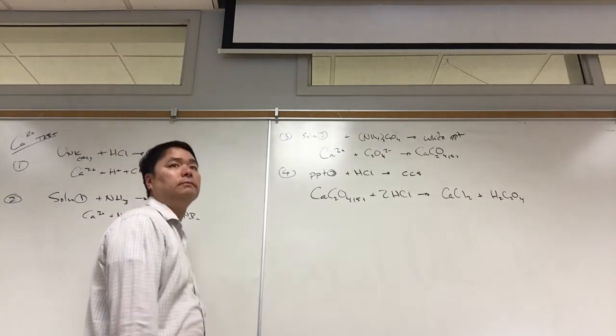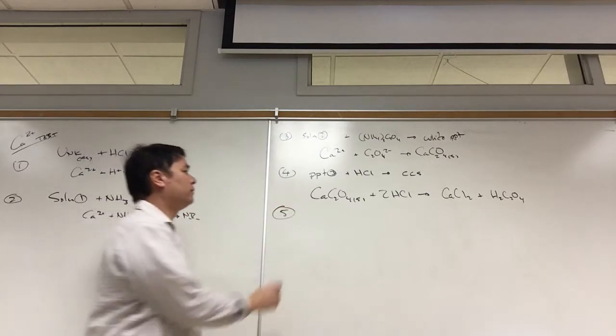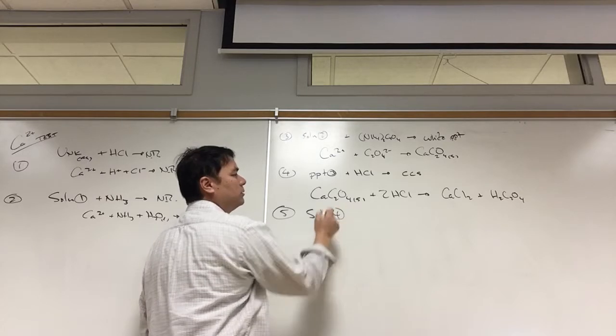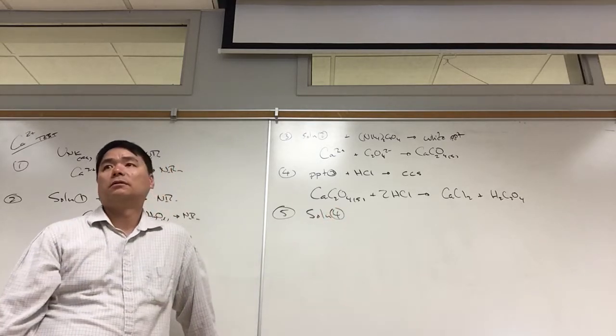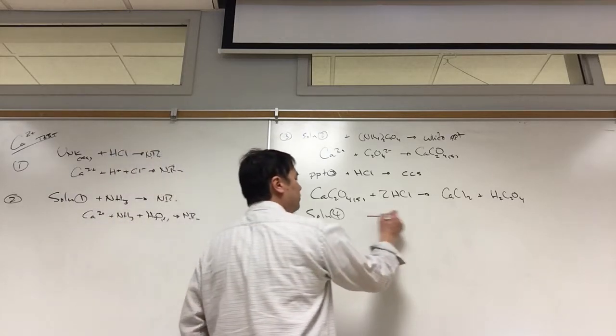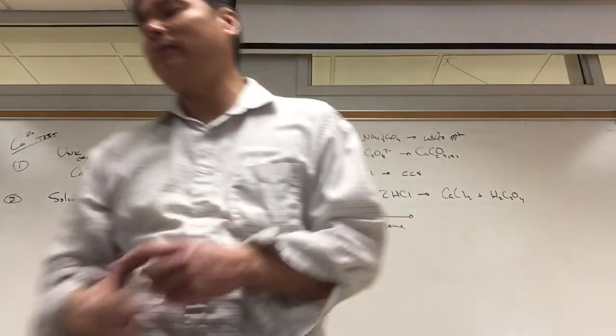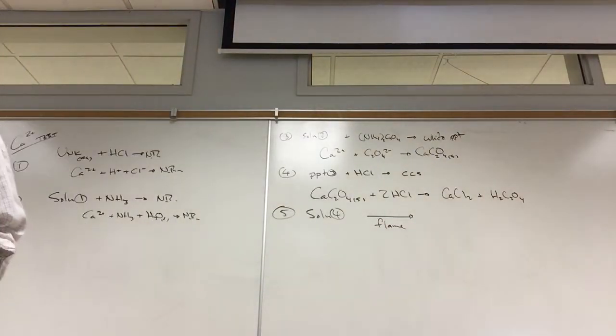I see. Okay, then we're going to take solution 4 and do the flame test. If we do the flame on solution 4, all we should have is what? We should have oxalic acid, calcium chloride, potentially magnesium.